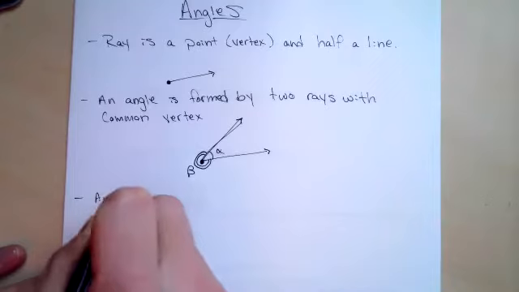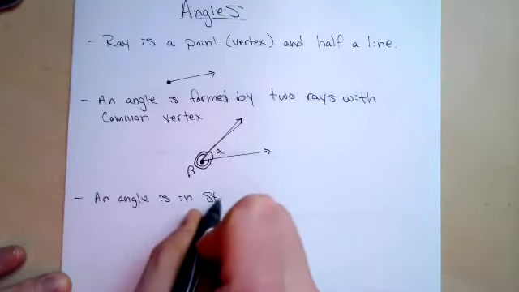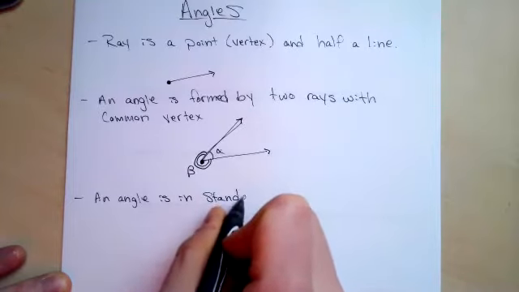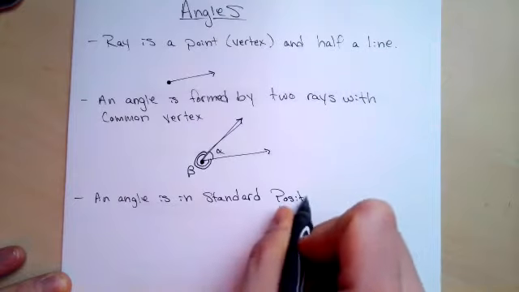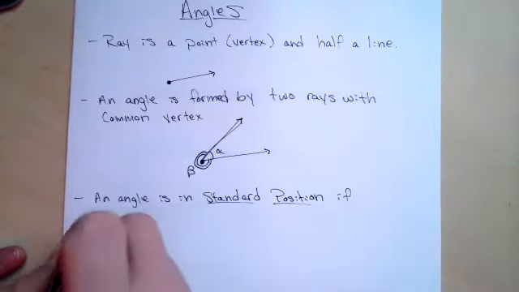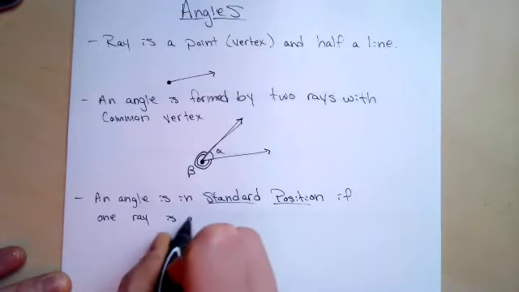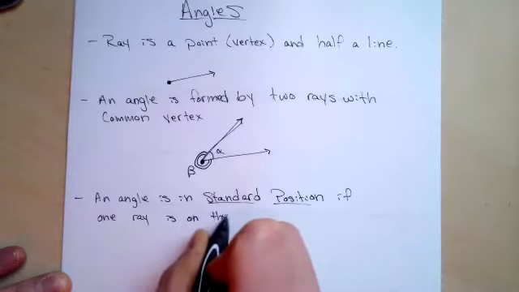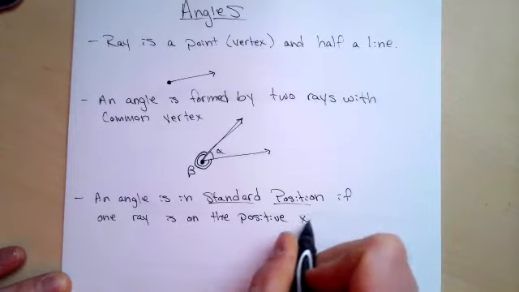So an angle is in standard position if one ray is on the positive x-axis.